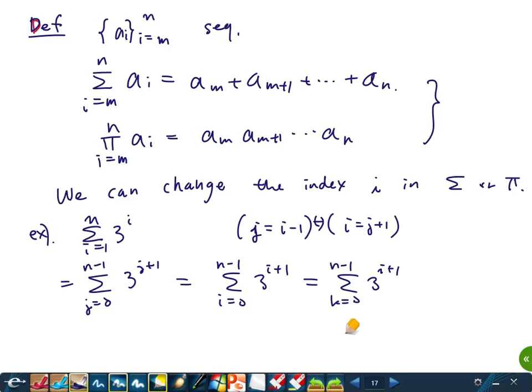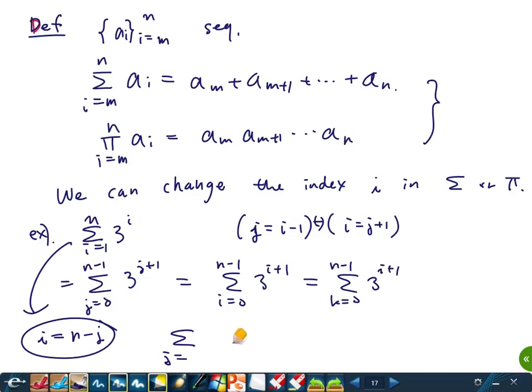Also, we can change the index like n minus j, let's say. Then what is the range for j? So i is now replaced by n minus j, j equals n minus i.